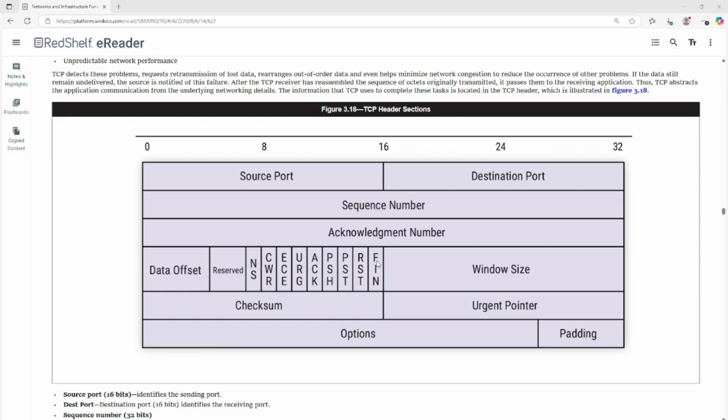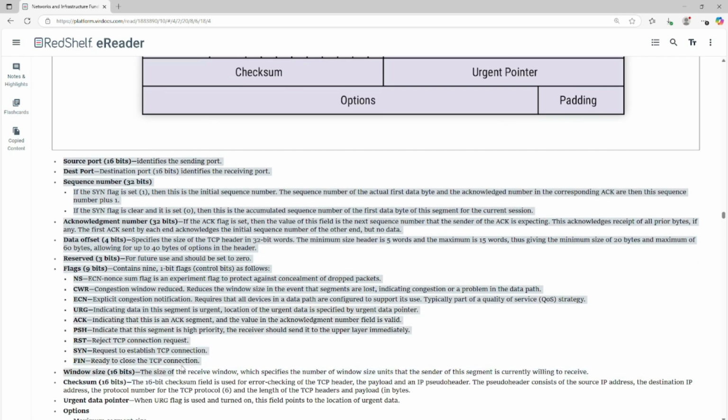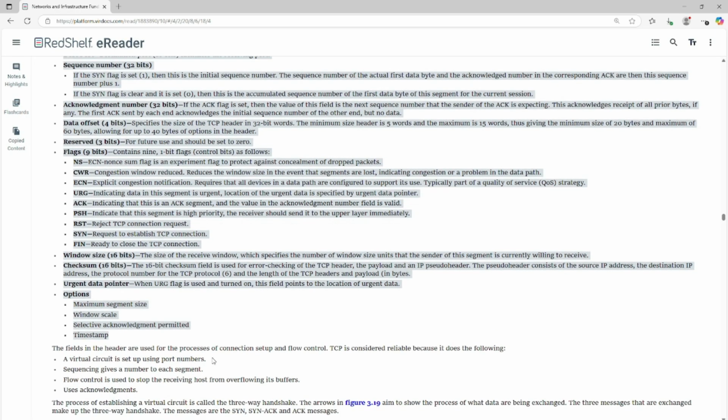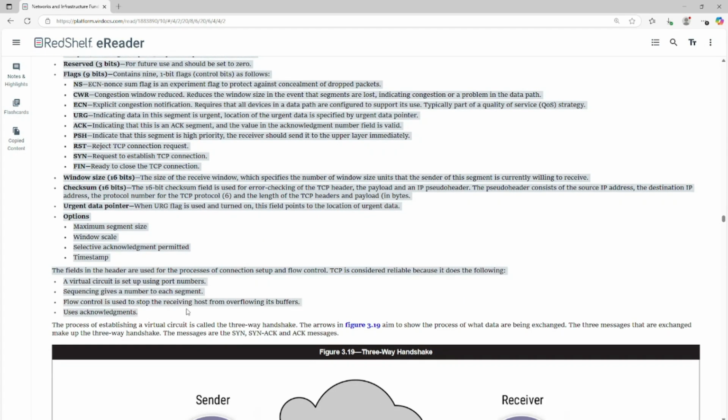You see flags such as finish, reset, push, and all the rest. The definitions and descriptions are at the bottom. You can just read this to understand what is involved at that level in the header. Windows, checksums, you can just read that for a better understanding of this course.